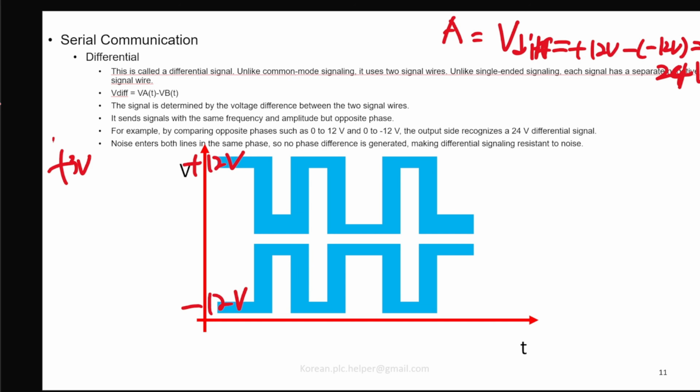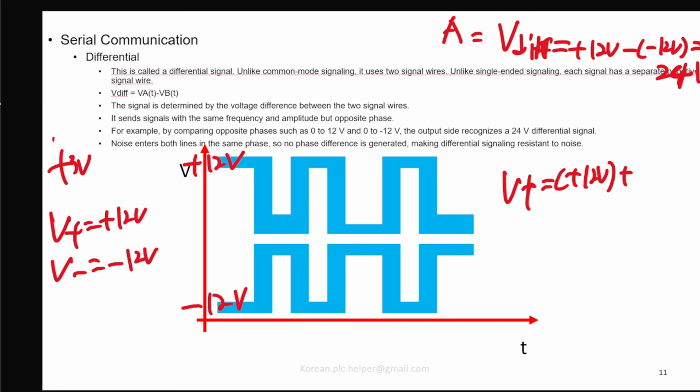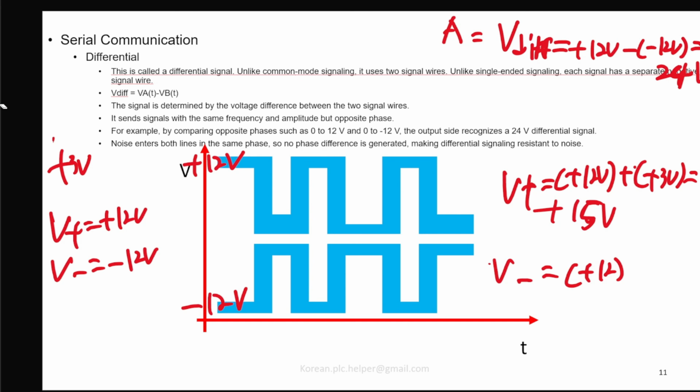If the original signal voltages are V plus equal positive 12 volts and V minus equal negative 12 volts, after the noise is introduced, V plus equals positive 12 volts plus positive 3 volts, equal to positive 15 volts, and V minus is modified: negative 12 volts plus positive 3 volts equals negative 9 volts.